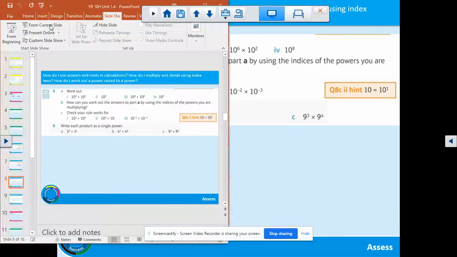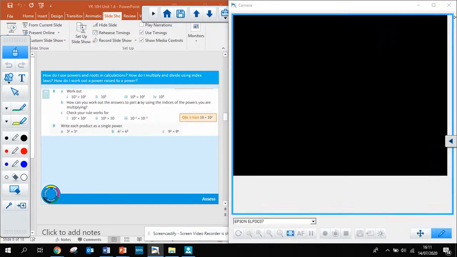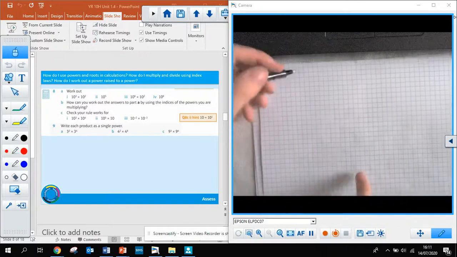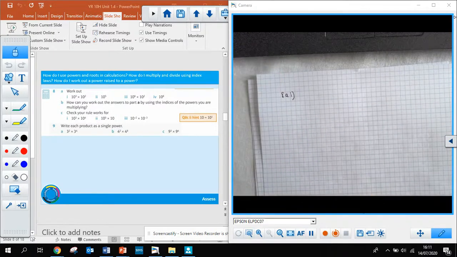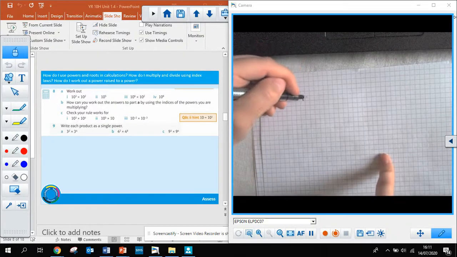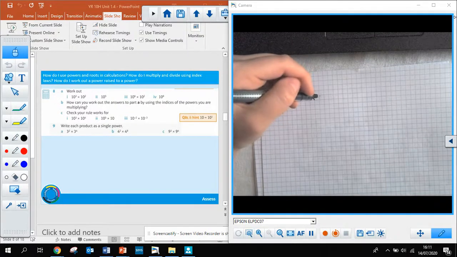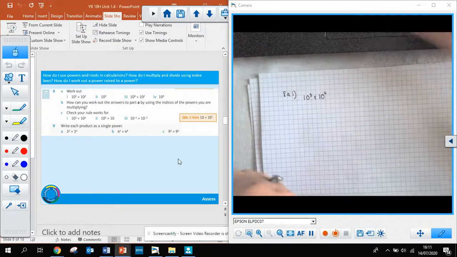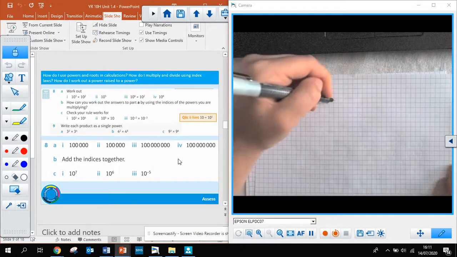Okay, so let's go through the solutions. So question 8a, part 1, we've got 10 to the power of 3, 10 cubed multiplied by 10 squared. All you needed to do for that was put it in your calculator and you would have got 100,000.